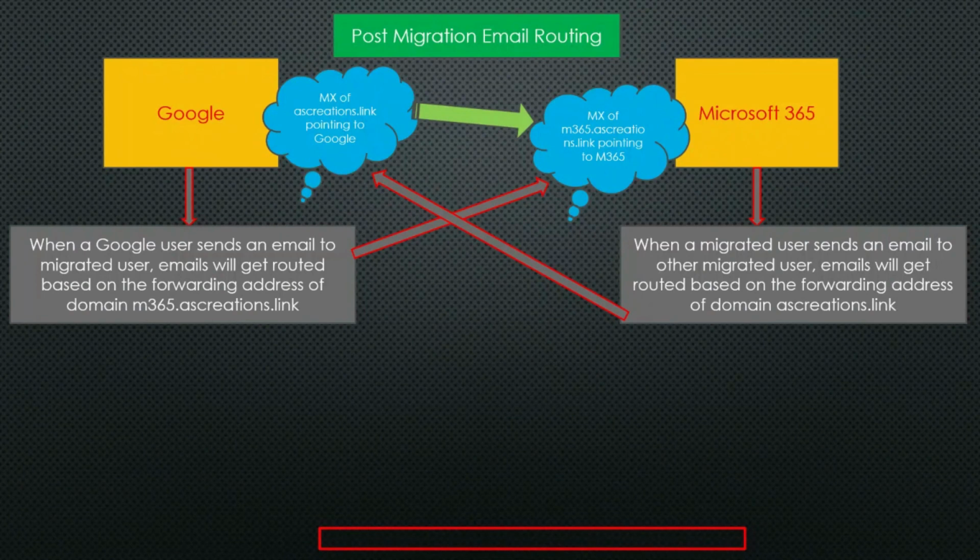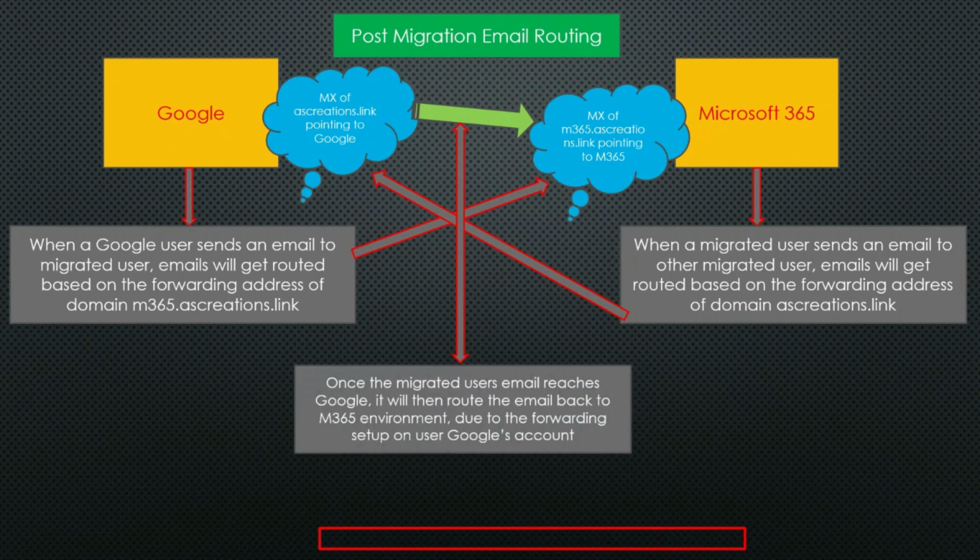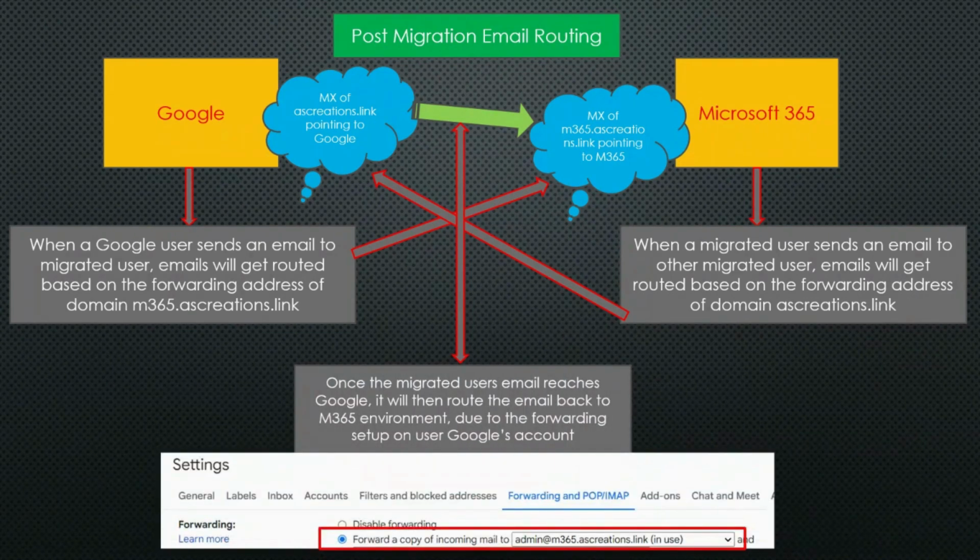Therefore, once the email reaches Google, it will then again route emails back to Microsoft 365 due to the forwarding enabled to the domain, which is m365.ascreations.link. So you may recall the last screenshot that belongs to Google account. Alright, I hope now you have a pretty good understanding of how emails route from a migrated user as well as from a non-migrated user.